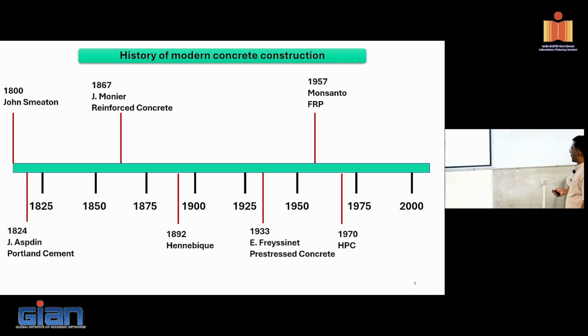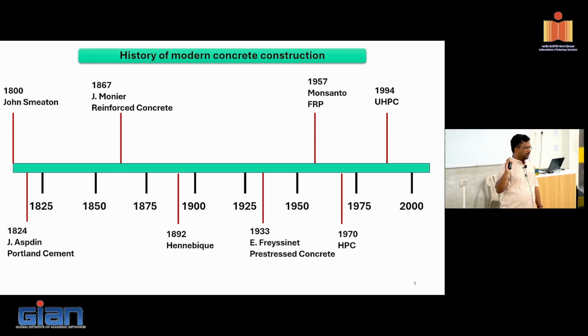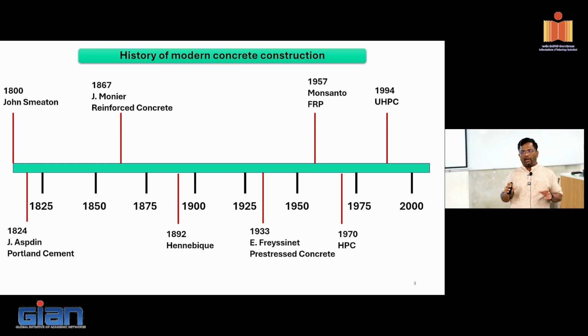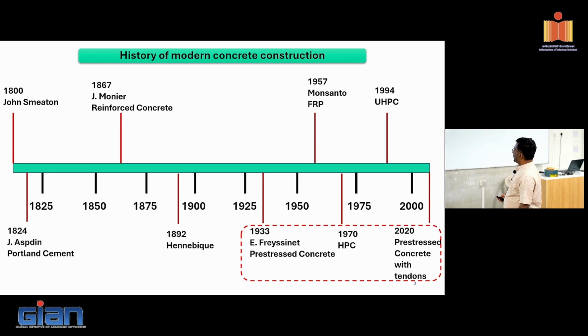High performance concrete was invented in 1970, and UHPC was developed in France almost 30 years ago. But then it was on very small scale applications, lab scale studies. In the last 20 years, there has been a lot of development in chemical admixtures, and our understanding of the material aspects has also improved. That has paved the way for increasing use of UHPC in concrete construction.